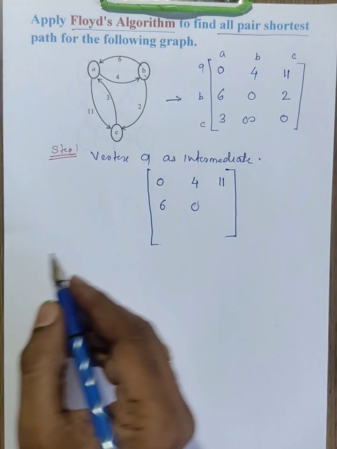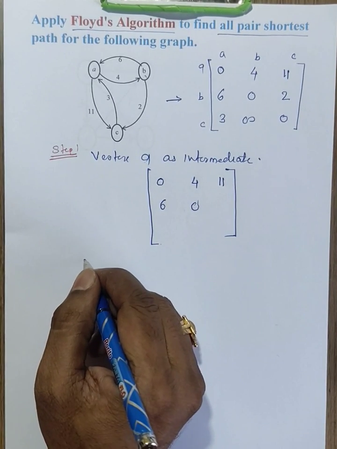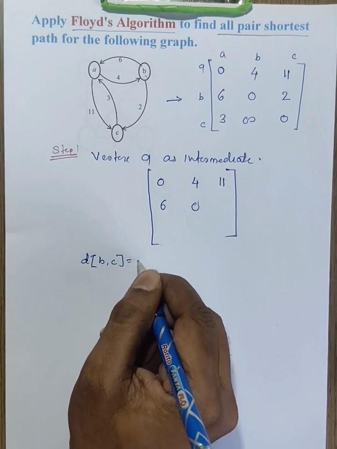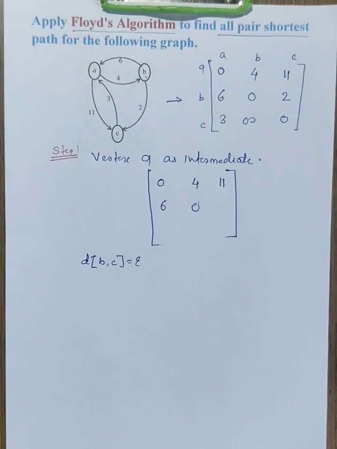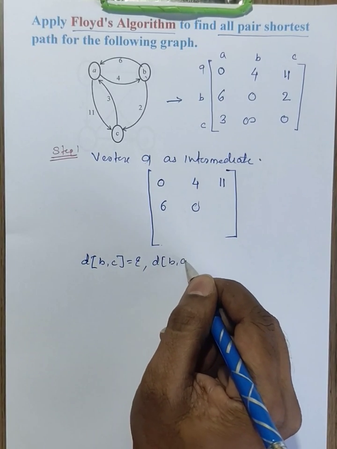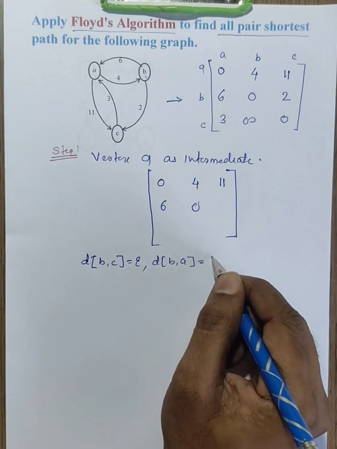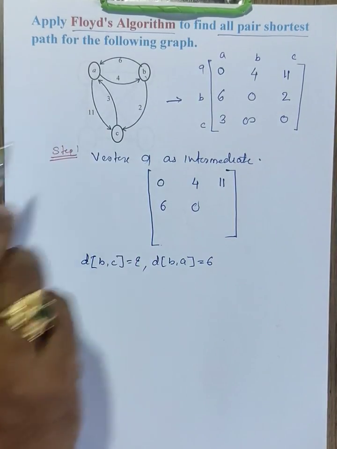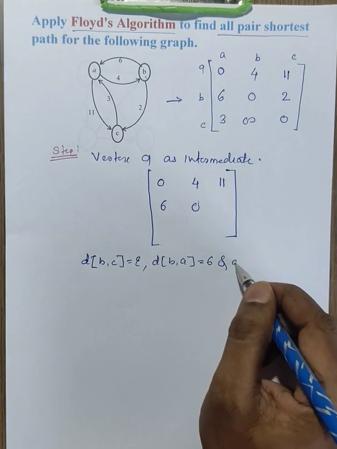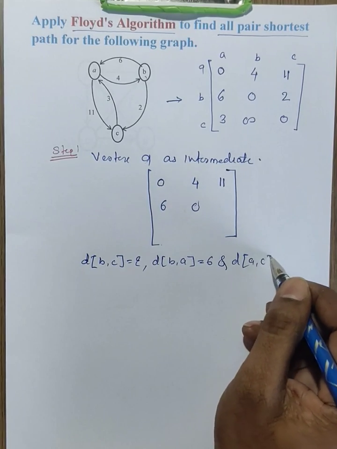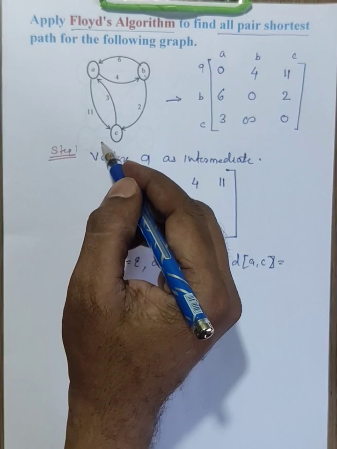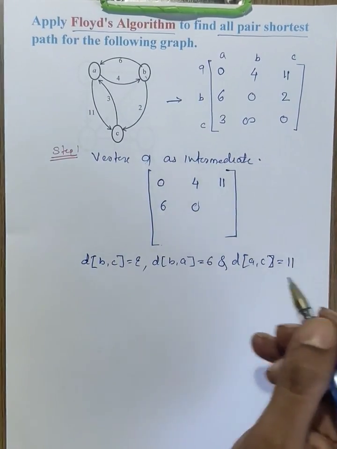Previous value is 2. Within this we have to find distance B to C using A. Distance B to A is 6, and distance A to C is 11.